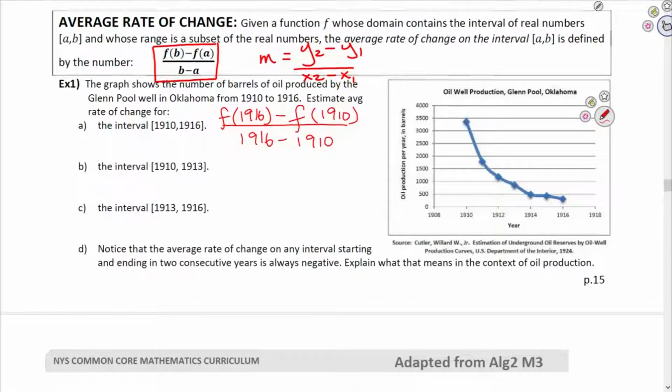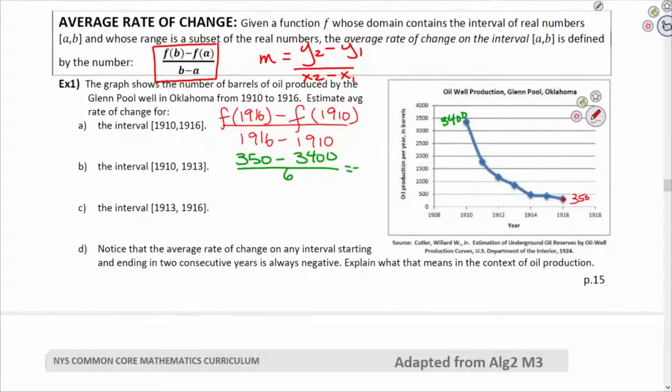Now, in 1916, we're just going to estimate that number might be about 350. In 1910, I'm going to estimate about 3,400, divided by 6 years, and I get negative 508.3 repeating barrels of oil per year.